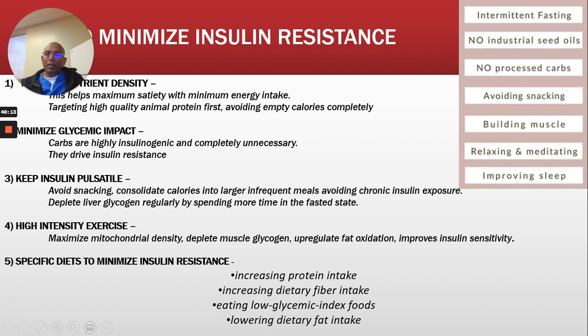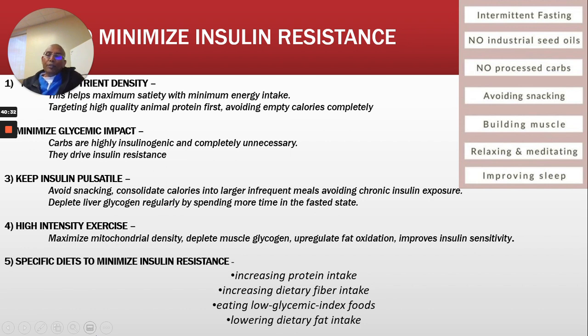And when you're only taking meals in a time restricted manner, then your glycogen in the liver is depleted, and your insulin is not stimulated. And exercise is very important, and mitochondrial density increases with exercise.